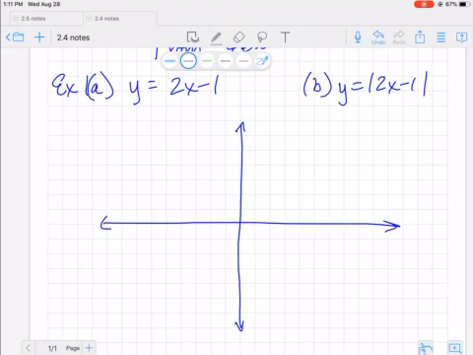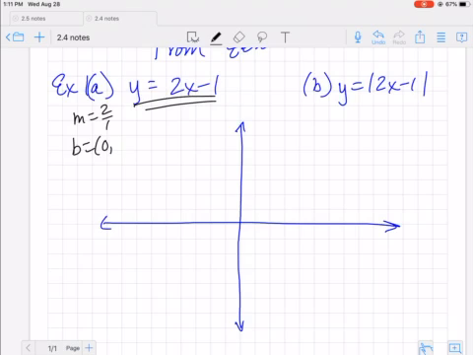So the first thing that I'm going to graph here is y is equal to 2x minus 1. I know my slope is 2 over 1, and my y-intercept is 0, negative 1. So I'm going to start down here at negative 1. I'm going to go up 2 over 1, up 2 over 1, up 2 over 1.